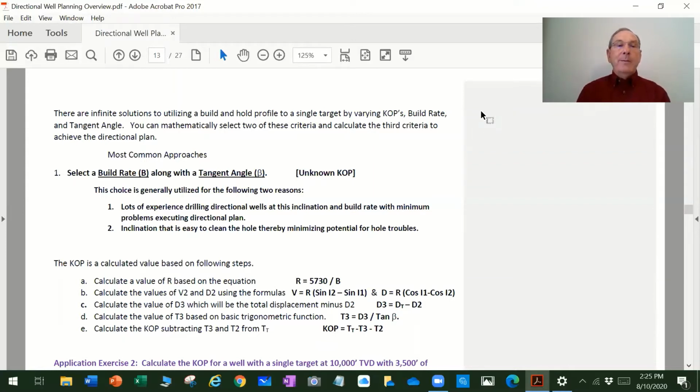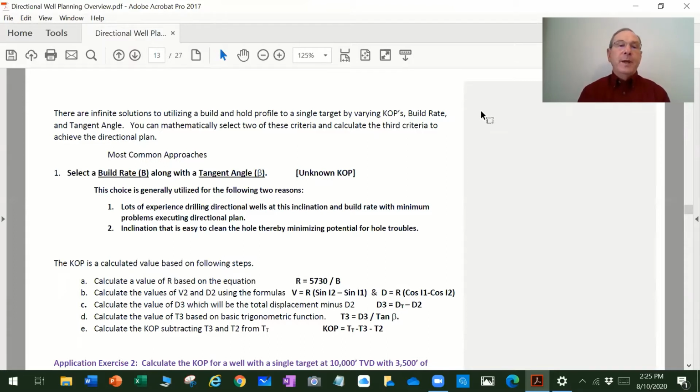Now, mathematically, there are infinite solutions in a build and hold profile to drill a well to a single target. But the most common approach is we select a build rate and a tangent angle. Let's say we might select a build rate of 3 degrees per 100 feet, and an inclination of, say, 30 degrees.